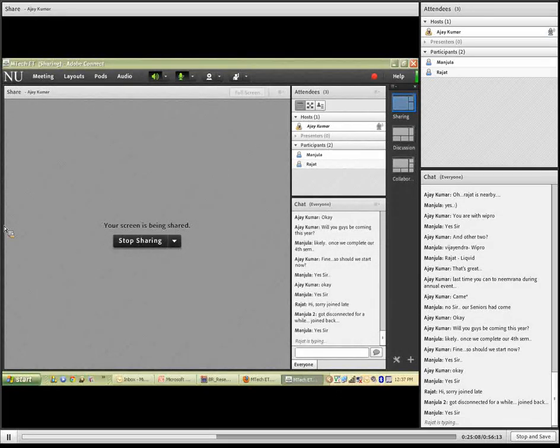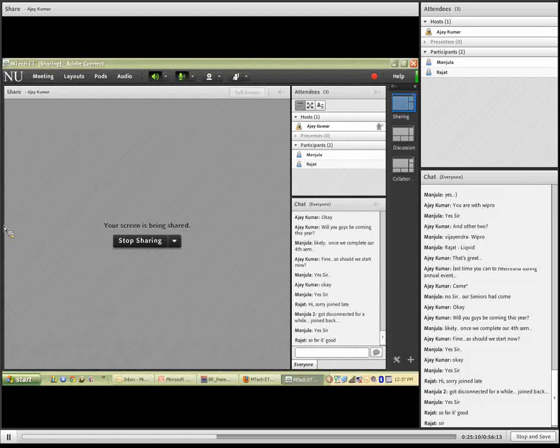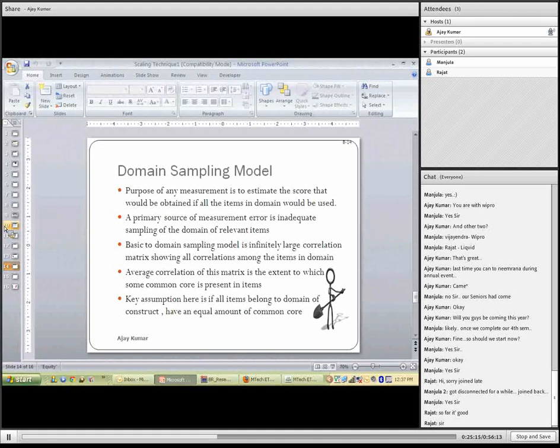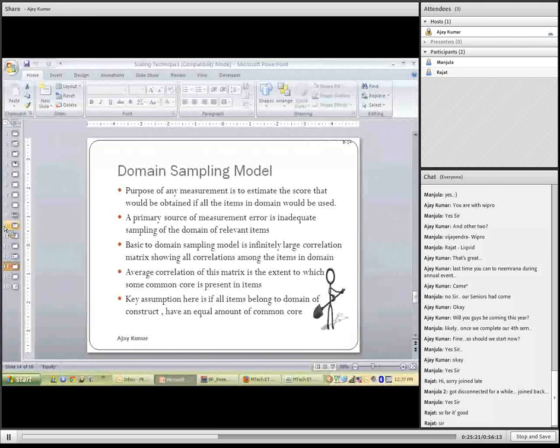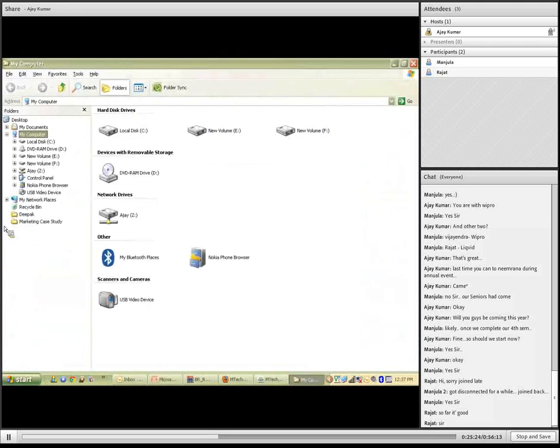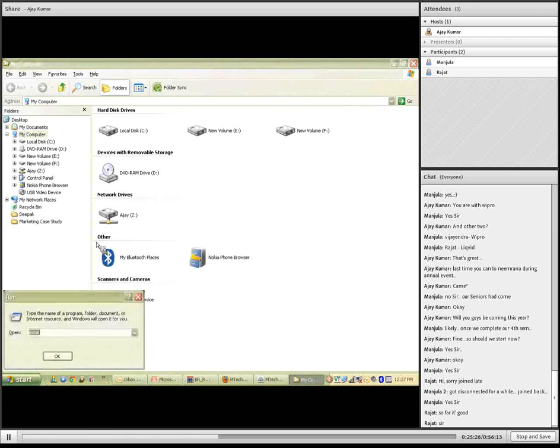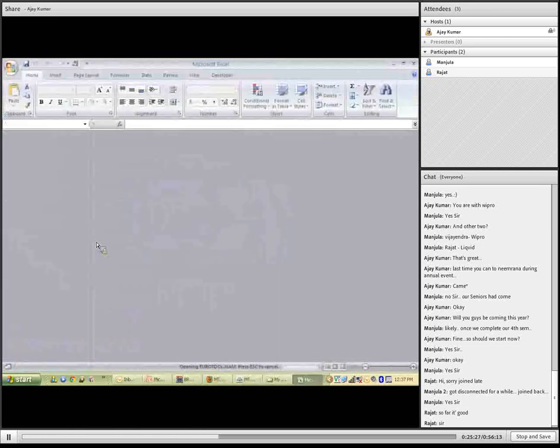Okay, so now we are getting back to our PPT. This domain sampling model says what we have to do now. Suppose, let me go back to our dear friend Excel. Without it we cannot do anything.